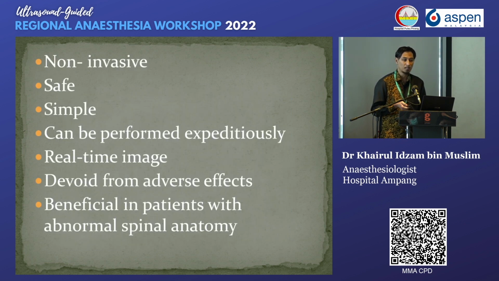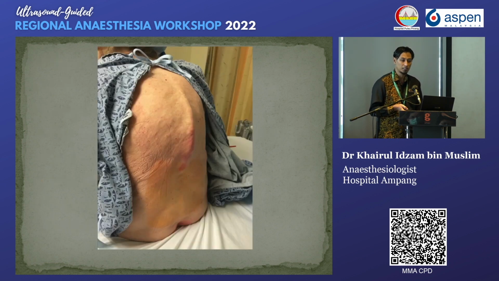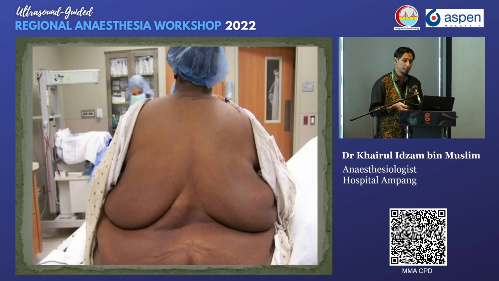So these are the reasons why we are using ultrasound: it is non-invasive, safe, simple, can be performed expeditiously. It is a real-time image, no side effects, and the most important thing is it is beneficial in patients with abnormal spinal anatomy, such as kyphotic spine, scoliotic spine, and spine of an obese patient.